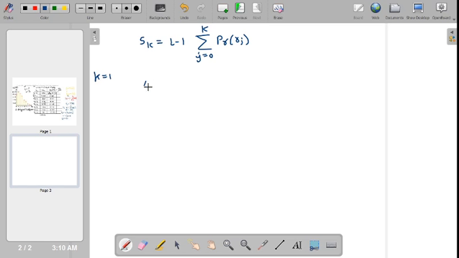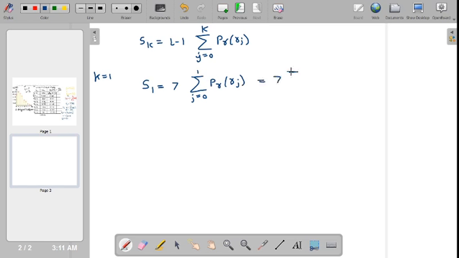So s1 equals 8 minus 1, which is 7, into the summation j equals 0 to 1 of p r of r j.